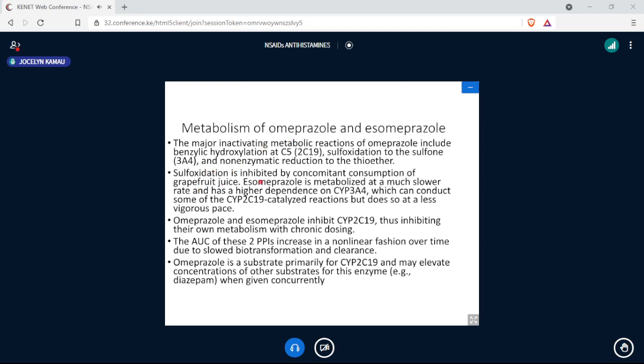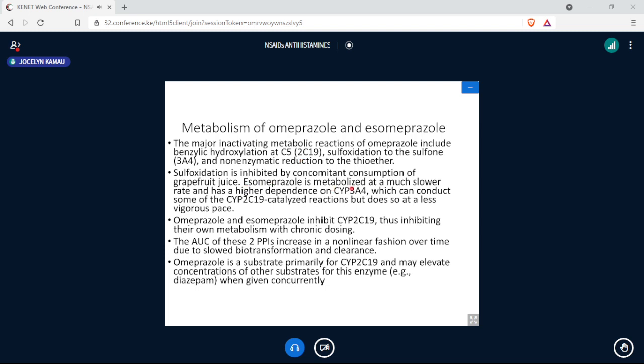The sulfoxidation is inhibited by concomitant consumption of grapefruit juice. So in other words, grapefruit juice can inhibit the metabolism of omeprazole, of course, leading to drug interactions.